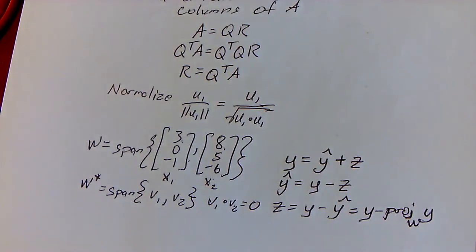I can find two other vectors, but the easiest thing to do is to take the first vector and just keep it. Rather than trying to find two totally new vectors, let me take one vector and find one that's orthogonal to it.